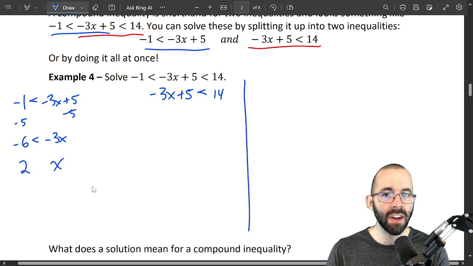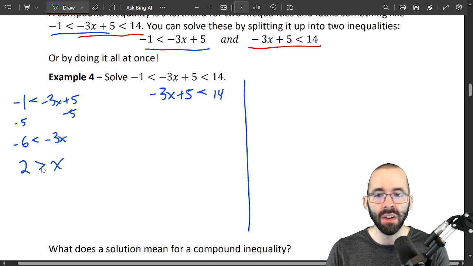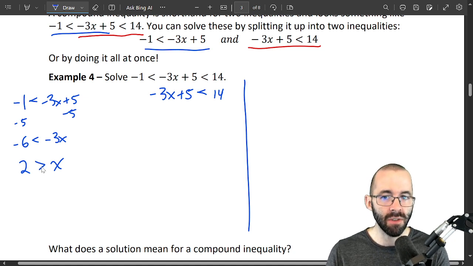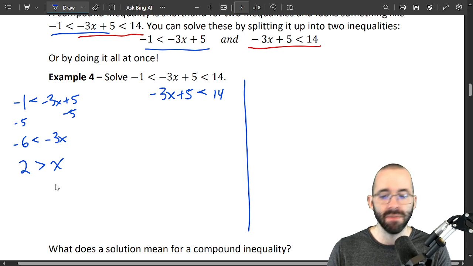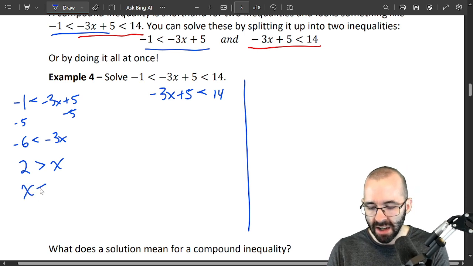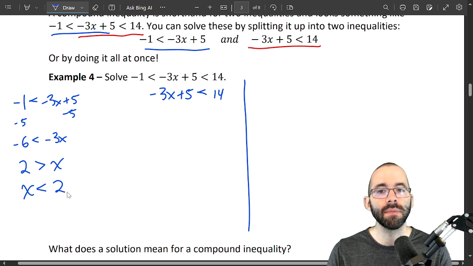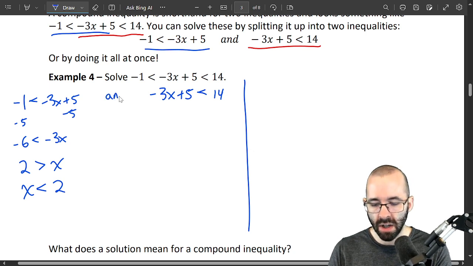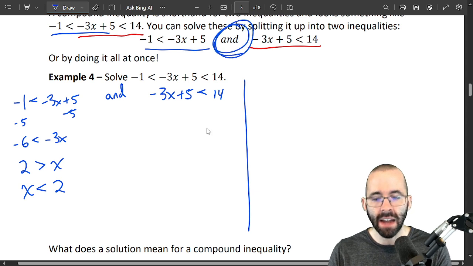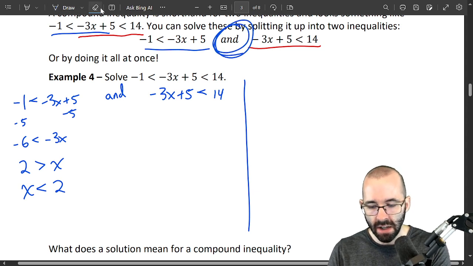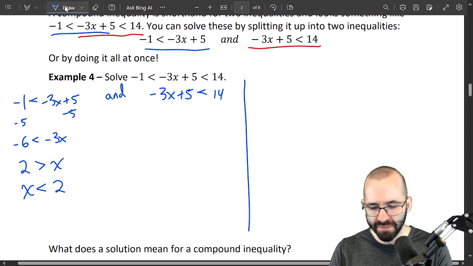But if we multiply or divide by a negative number, that inequality has to reverse directions. So we'll get that 2 is bigger than x. And if 2 is bigger than x, then x is smaller than 2. Connect these with the word "and."